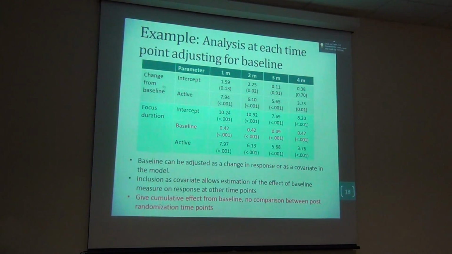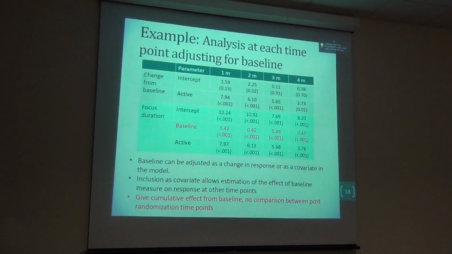So these models show you that there are 2 different ways you can adjust for the baseline. If you calculate the change, there's no way for you to estimate the effect of the baseline measure. If you put the baseline measure in the model, now you can estimate how much it really affects the outcome. So there's a nuance in the different ways you can calculate or model the responses.